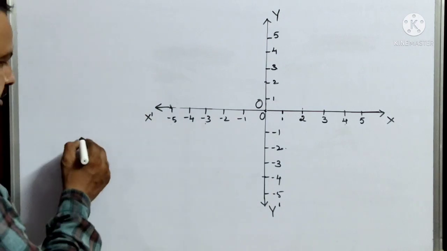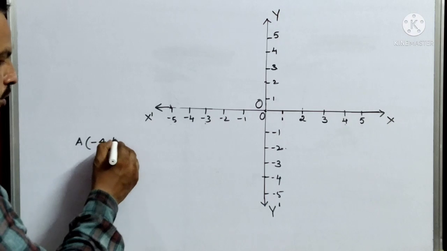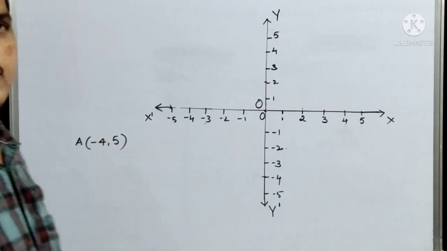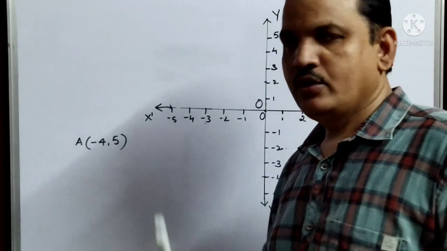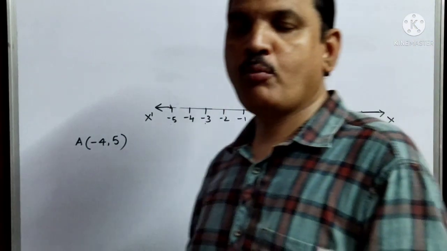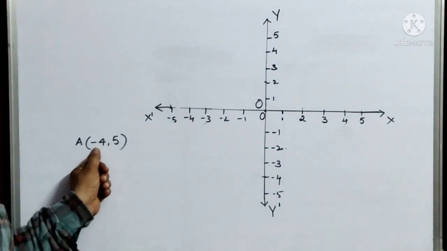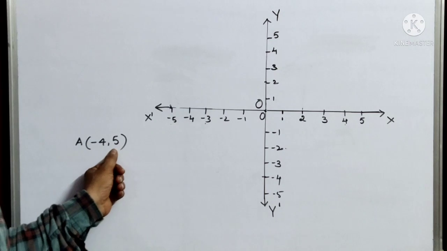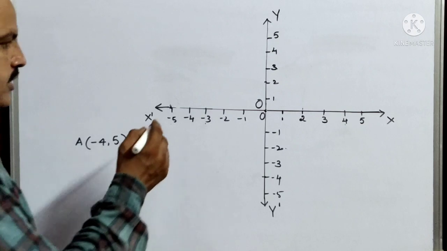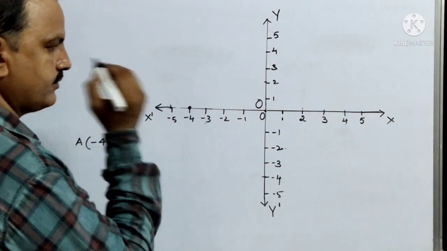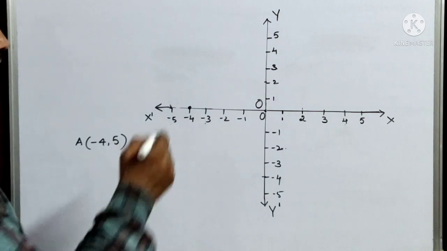Now I gave you one question: A (minus 4, 5). Now I am asking you to plot the point A (minus 4, 5). How will you plot it? That means the x coordinate is minus 4, the y coordinate is 5. So where is the x coordinate? Minus 4, here it is. Where is the y coordinate? 5, here.